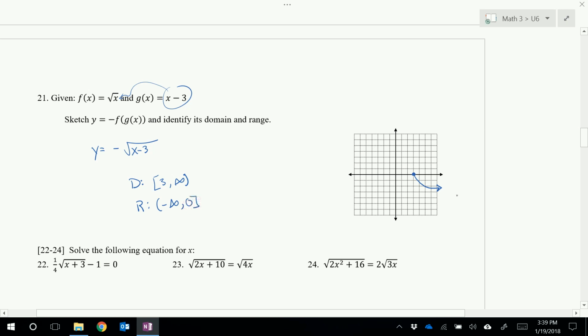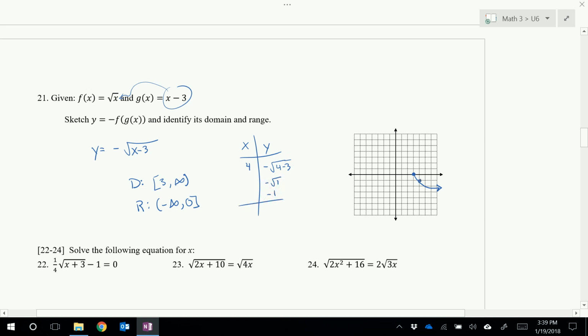And if we want to get some more exact points here, we can pick some x values in a table and work through this. So we know there's no points outside the domain, so we got to pick 3 or greater. We already know the point when x is 3, so if I try 4, I end up with negative square root of 1, which is -1.